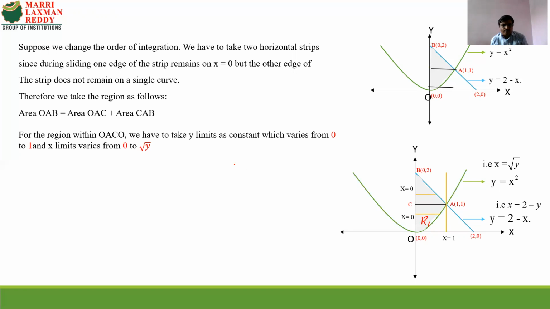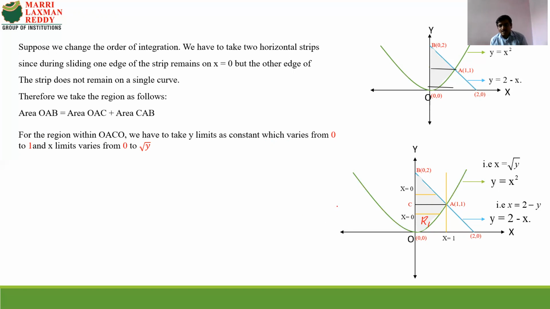In R1, the y value initially is 0, and at this point A the y value is 1. So it is clear that the y limits are constant, varying from 0 to 1.